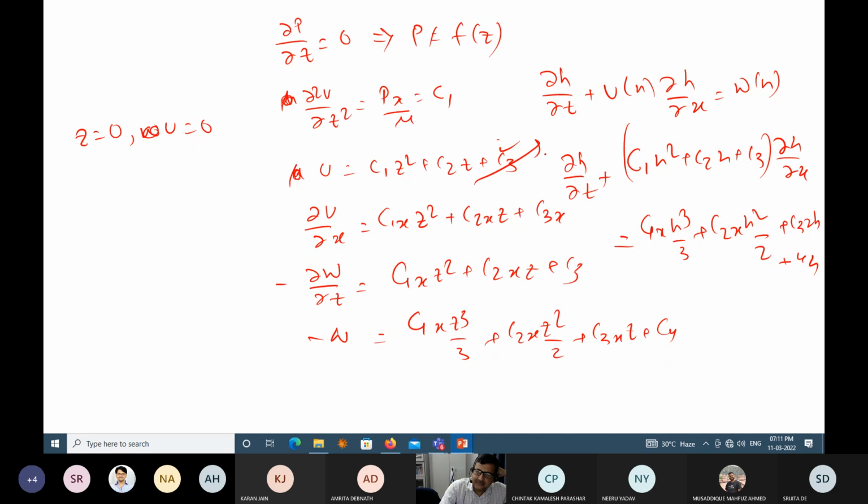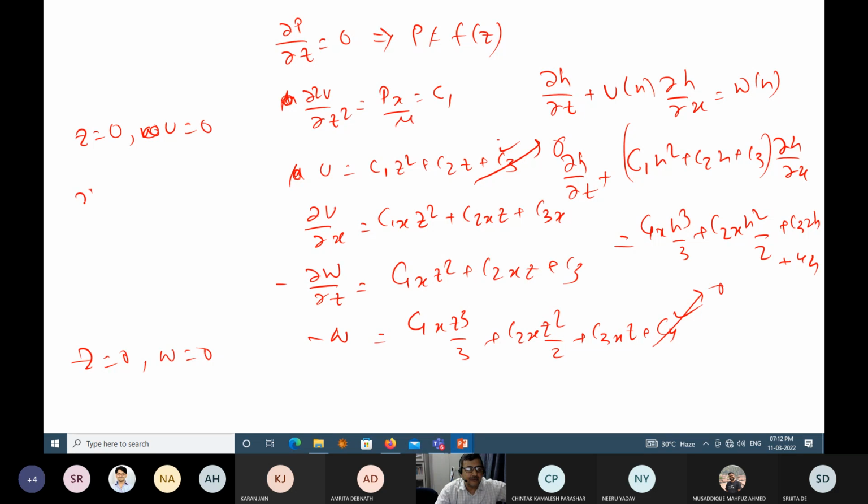This is 0, right? So at z equal to 0, w equal to 0, right? So what happens to c4? 0 again. Now two are gone, you have to get how many? C1, C2, C3, C4. How many remaining? C3 and C4 are gone. You need to know C1 and C2.